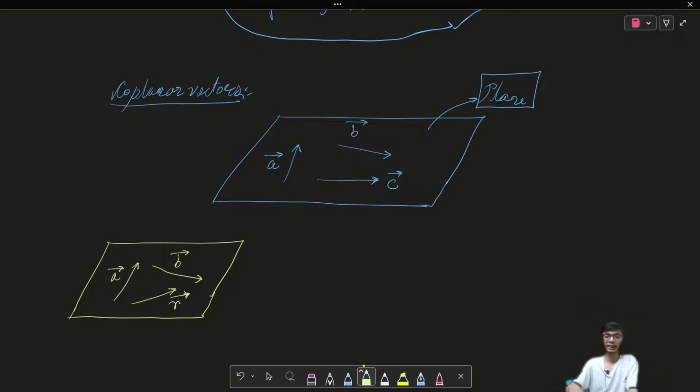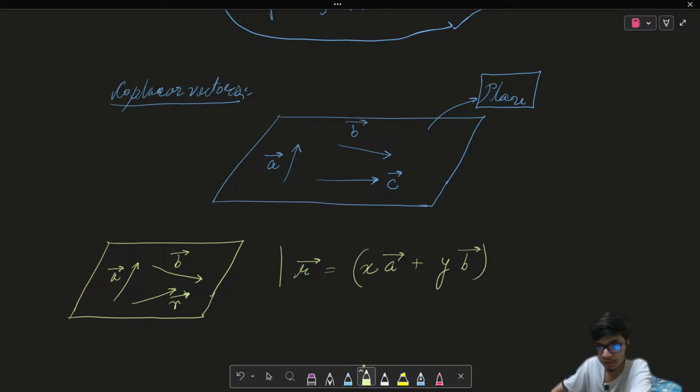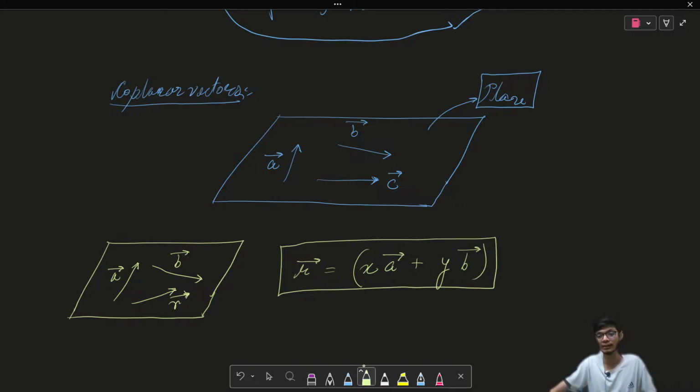If these three vectors are coplanar, then r vector can be given as some scalar x times a vector plus y times another b vector.